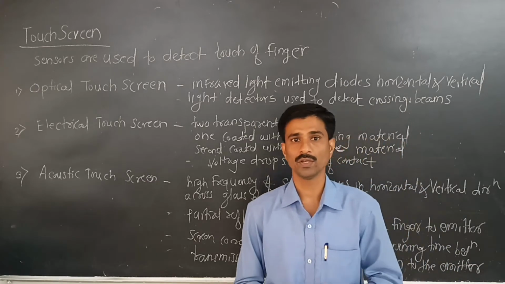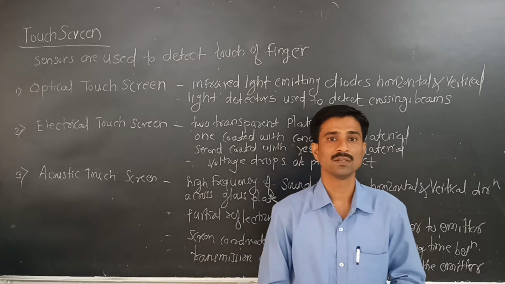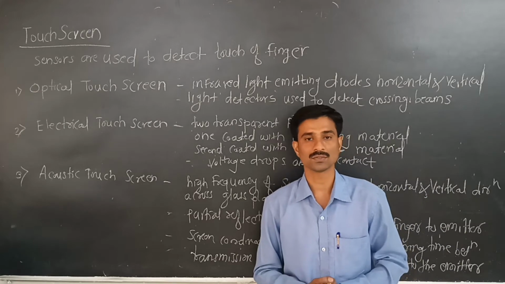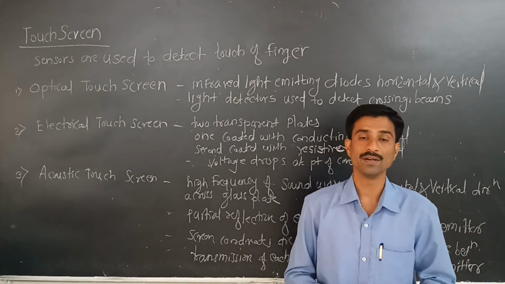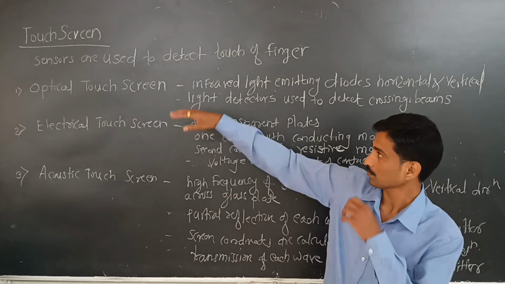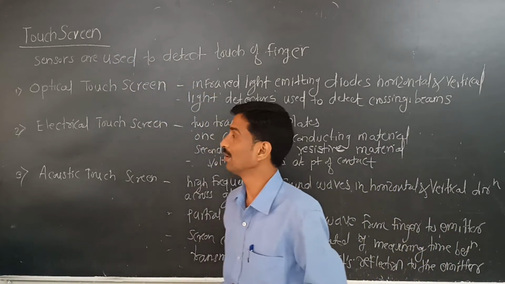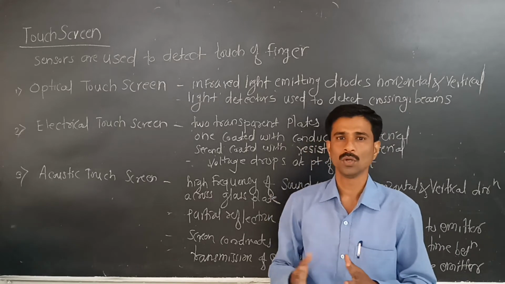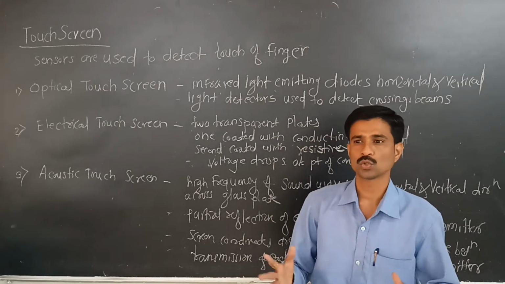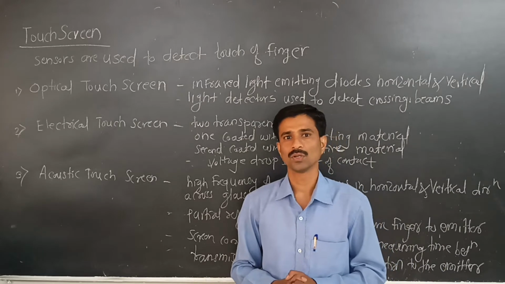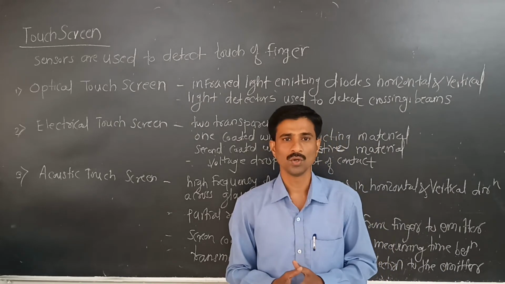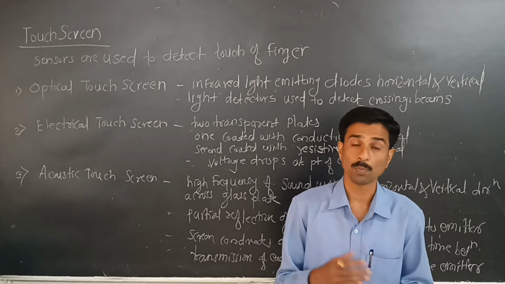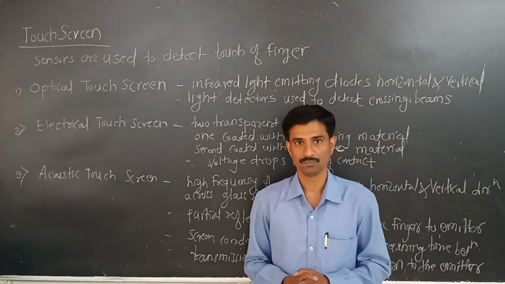So today, moving ahead, we will see the next type of display device, that is touch screen display. All of you know that we are using so many devices in which we make a touch on the screen to perform different functions.